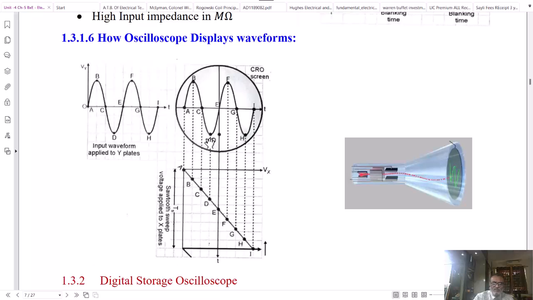The crossing point will be the point D. So if you consider the complete A, B, C, D, E, F, G signal points, you will get the time base moving from A to G, and you will see the beam will be continuously pulled vertically by the voltage connected to the vertical axis, that is the input, and it will be horizontally pulled by the time base generator.